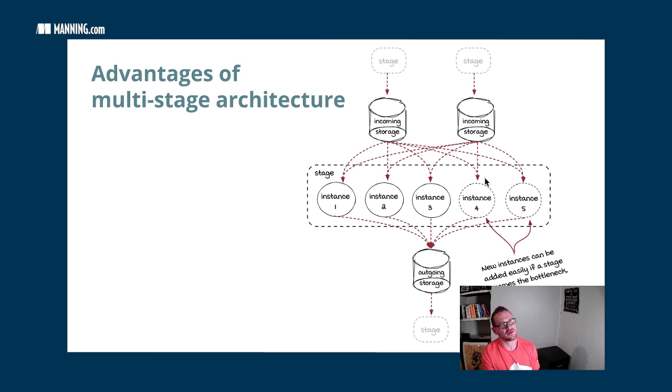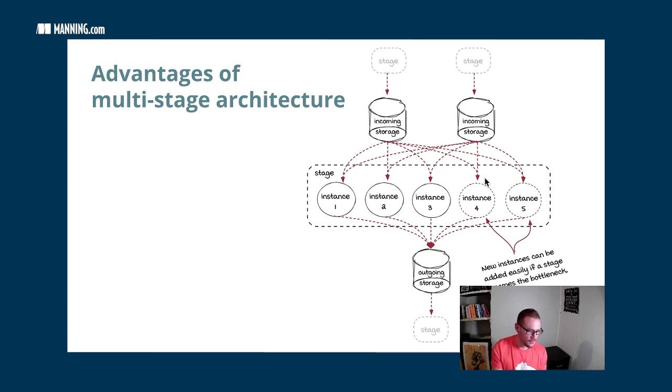Now, the nice thing about these batch processing jobs or these streaming jobs is that it's a multi-stage architecture, right? So each step is a stage. It allows you to add or remove stages as you wish, based on some need, right?